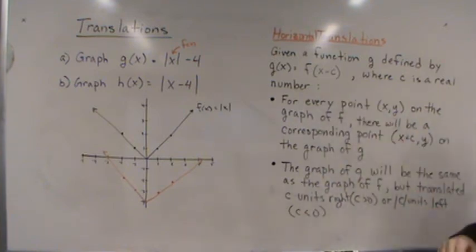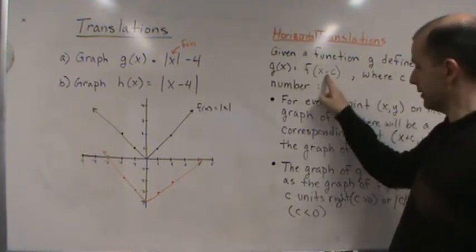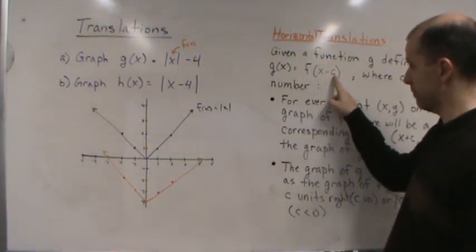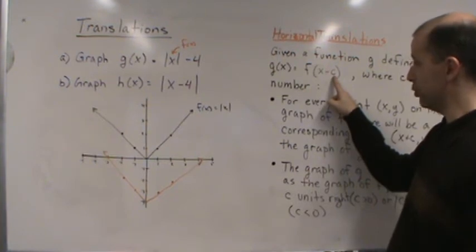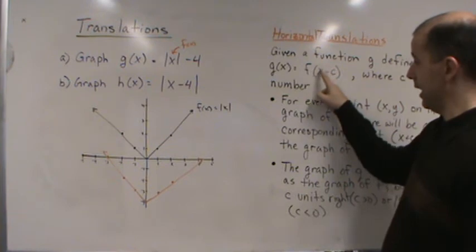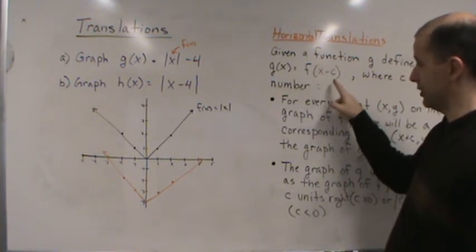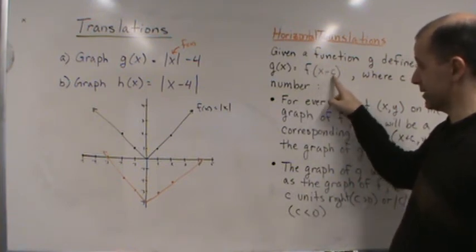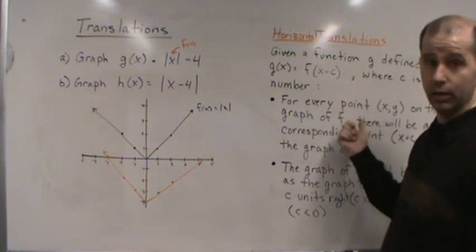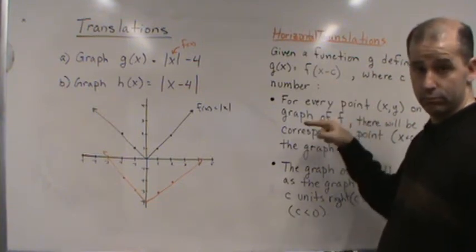So what does that mean? If I subtract off a positive value of c, so if this is x minus a positive value of c, I'm moving to the right. If it's x plus some positive value of c, then I'm moving to the left.